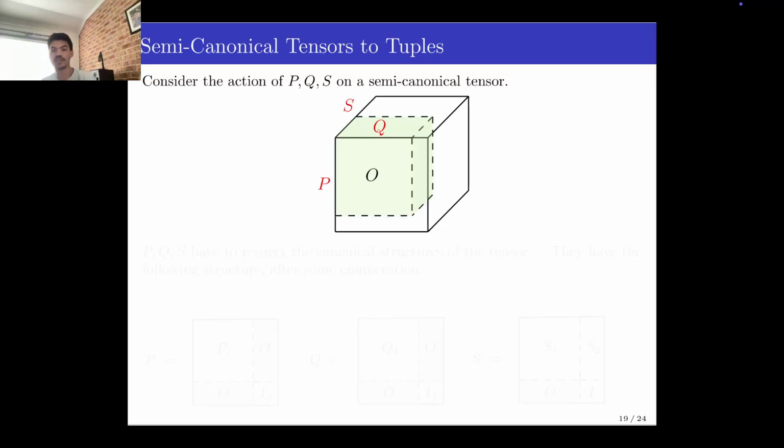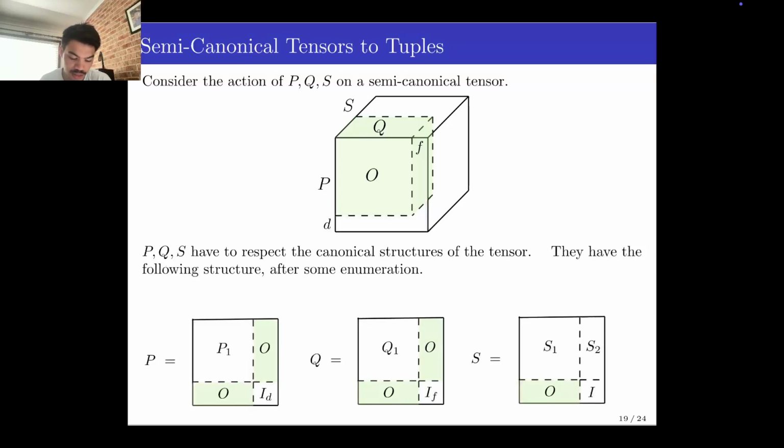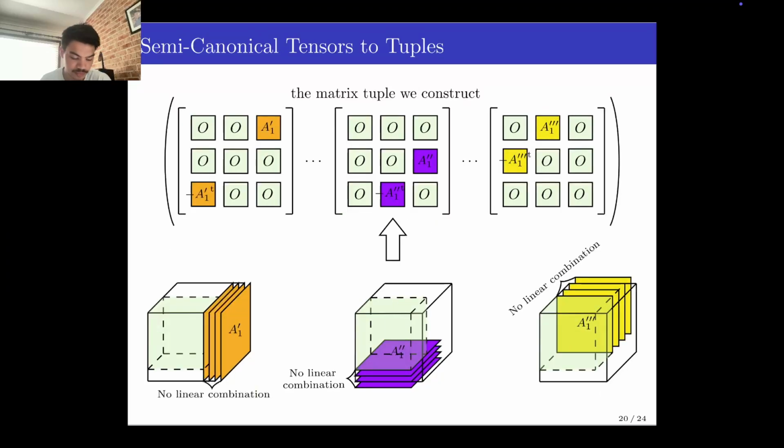So now that we have this canonical structure, let's consider the matrices P, Q, and S acting on the three directions of the semi-canonical tensor. This P, Q, and S will have to respect the canonical structures of this tensor. So after some enumeration, P, Q, and S will look like the following structure, and we can see, if we think carefully, that each of these block matrices will only act on the canonical structures in two directions.